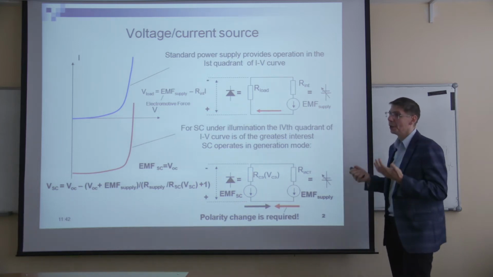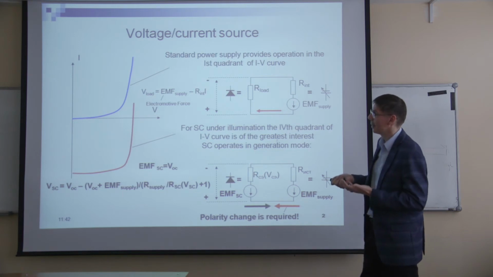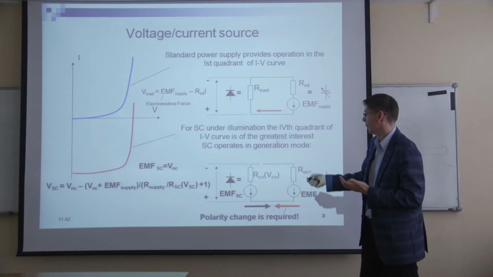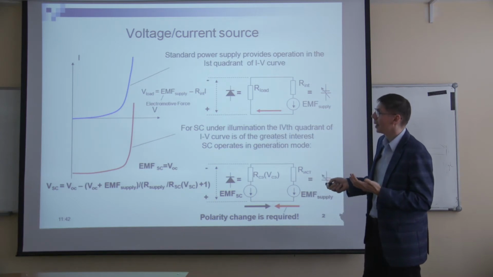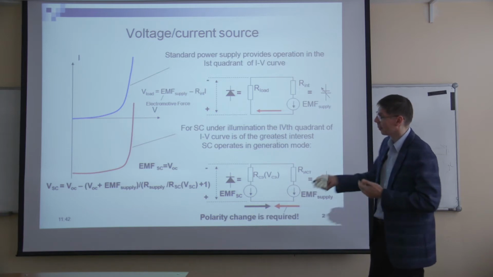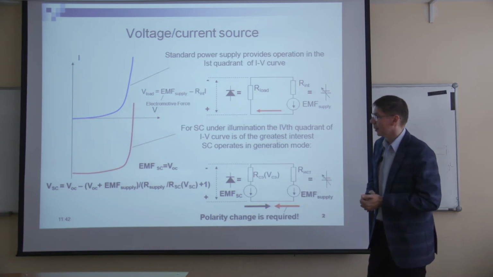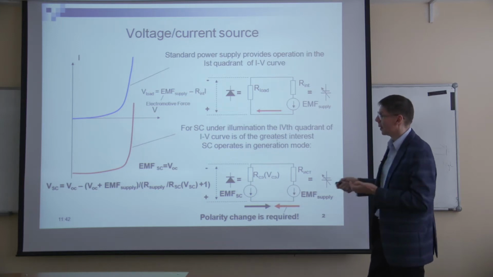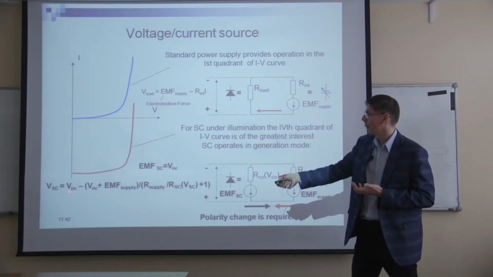So it means that we have some kind of competition between two power sources. And if you want to know precisely the voltage which would be in this circuit, we have to solve this. So we can refer to this equation, which depends on the VOC.